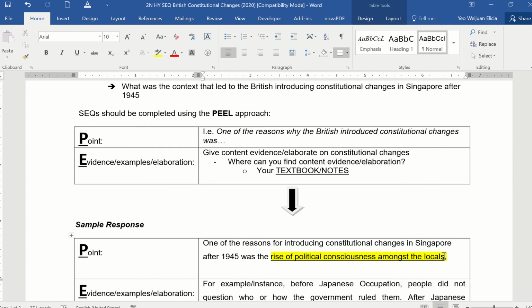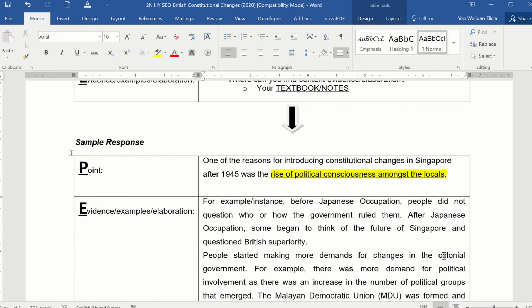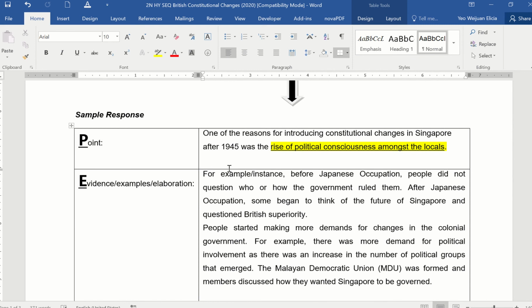Now, what should I be doing next? Next, I will need to elaborate on my content point as well as substantiate it with the use of examples. So to elaborate on the rise of political consciousness, I can write, for example, before the Japanese occupation, people did not question who or how the government ruled them.